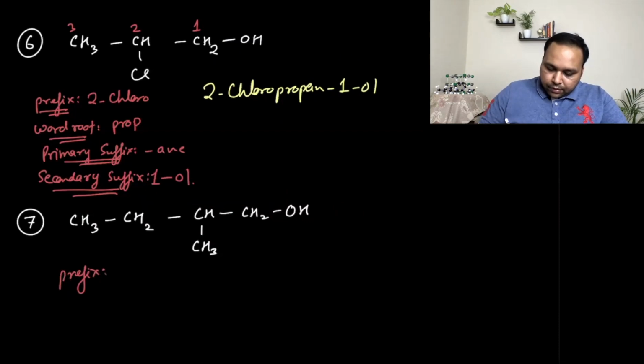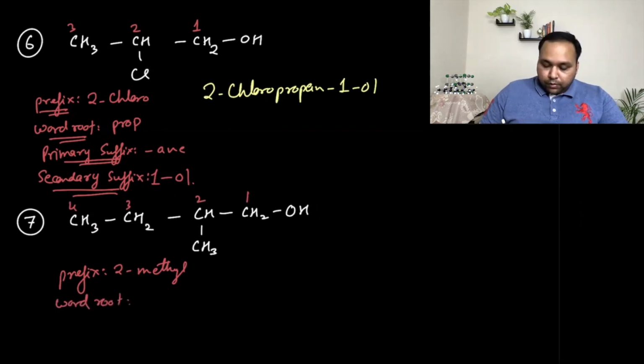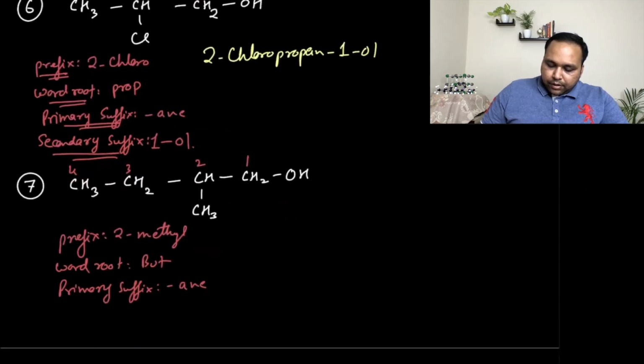2-methyl because it is placed at the second carbon atom. Then you have word root because there are 4 carbon atoms. The word root is but because there are no double or triple bonds. The primary suffix is ane, and because there is an OH group attached, you have a secondary suffix as ol, and it is placed at first position, so it is 1-ol.